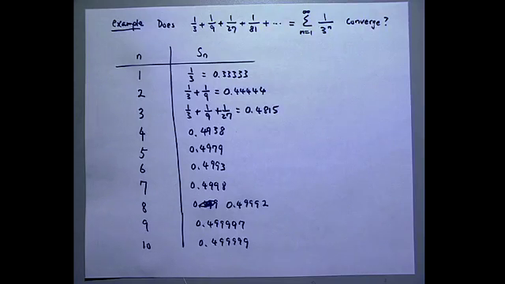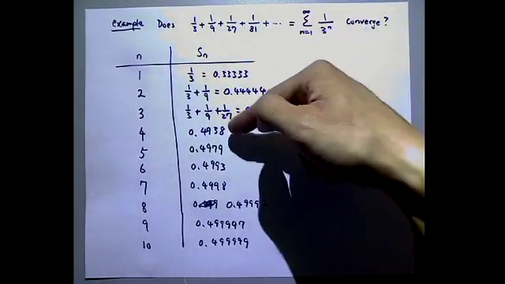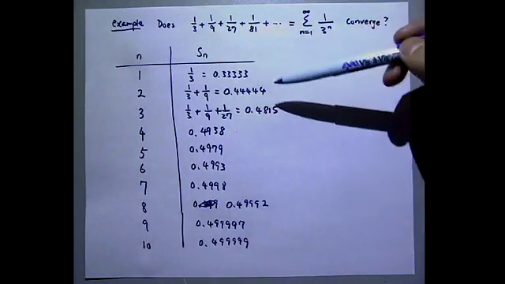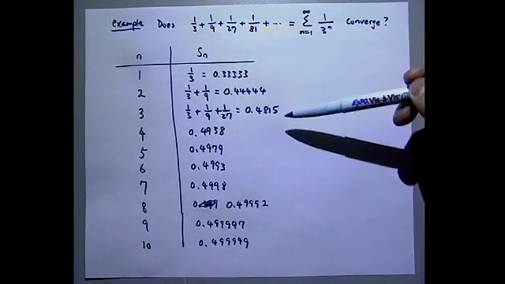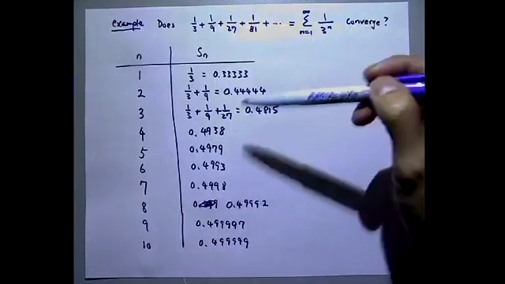So I made a table of the first 10 partial sums. Do this with a calculator, of course. And as you can see, these numbers started kind of low and then jumped up again. But after a little while, it seems to be settling down, right?